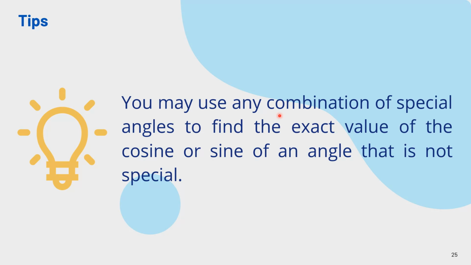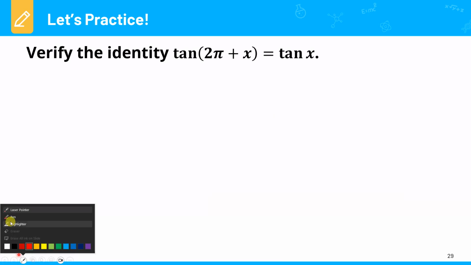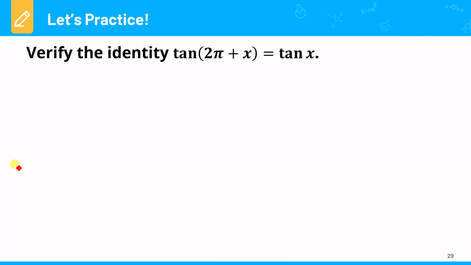For example, verify the identity tangent of 2 pi plus x is equal to tangent x. To do this, as we can see, the left side is somehow complicated as compared to the right side.